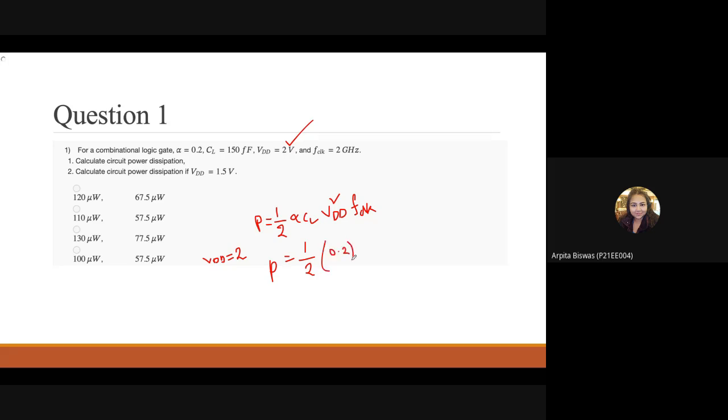What is the value of this CL? CL is 150 femtofarads, so 150 into 10 to the power minus 15. Then VDD square, 2 square, 4, into FCLK.